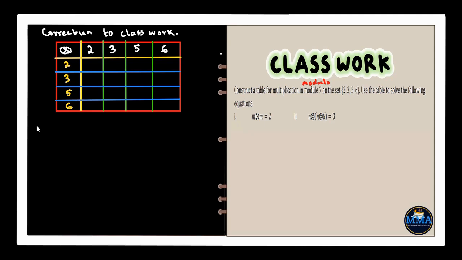Let's fill this up. 2 times 2 is 4. 4 is smaller than 7, we write it. 2 times 3 is 6. 2 times 5 is 10. If you divide by 7, you have 1 remainder 3. 2 times 6 is 12. If you divide by 7, your remainder will be 5.